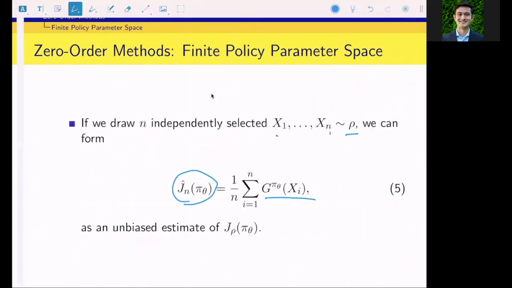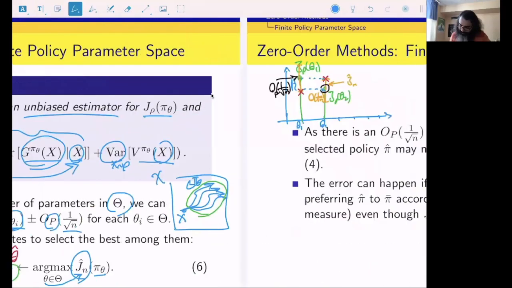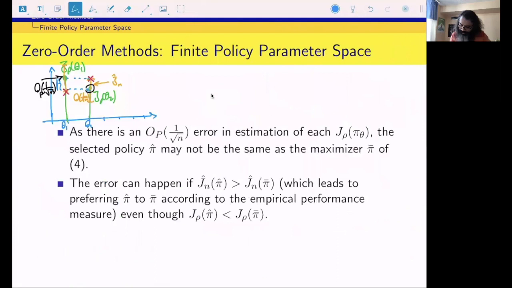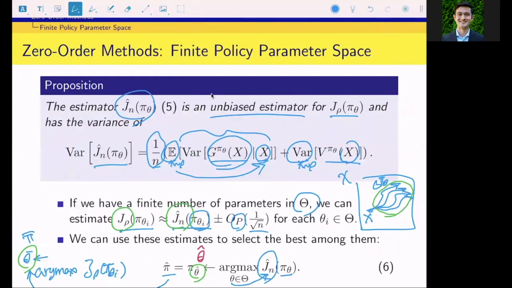Here, like the big O, the plus or minus error. Does the 1 over square root of n come from the fact that the variance is equal to 1 over n times some value? So the standard deviation would be some value times 1 over the square root of n? Yes, that's right. Squared value of the error.